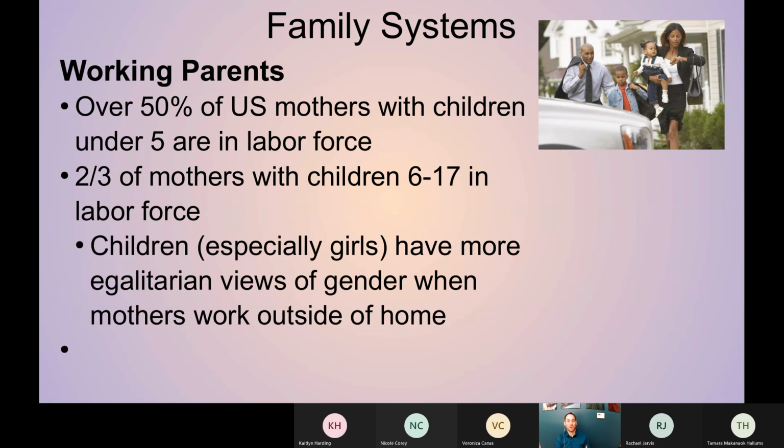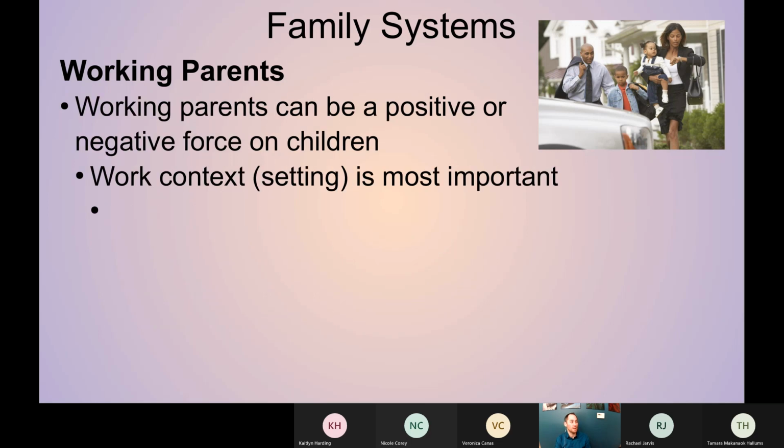So children, especially girls, have more egalitarian views of gender when the mother works outside the home. So when there is more of those shared egalitarian responsibilities of both parents working, girls do tend to have more, well, all children have more egalitarian views of gender. So with that, working parents can be a positive or a negative force on children.